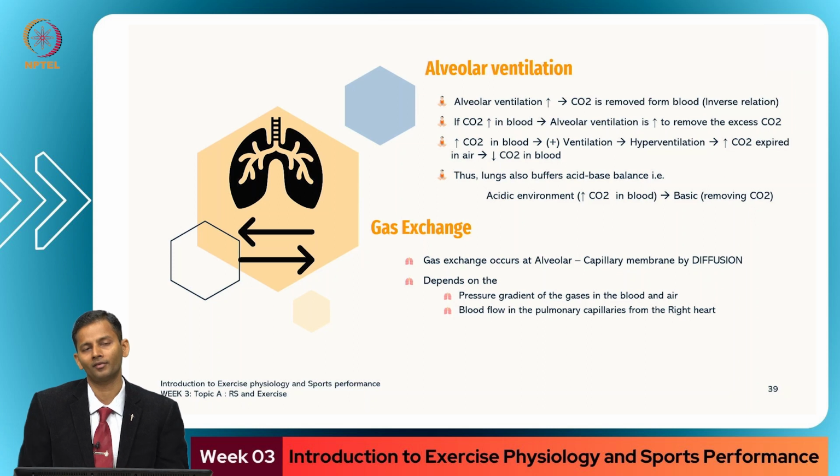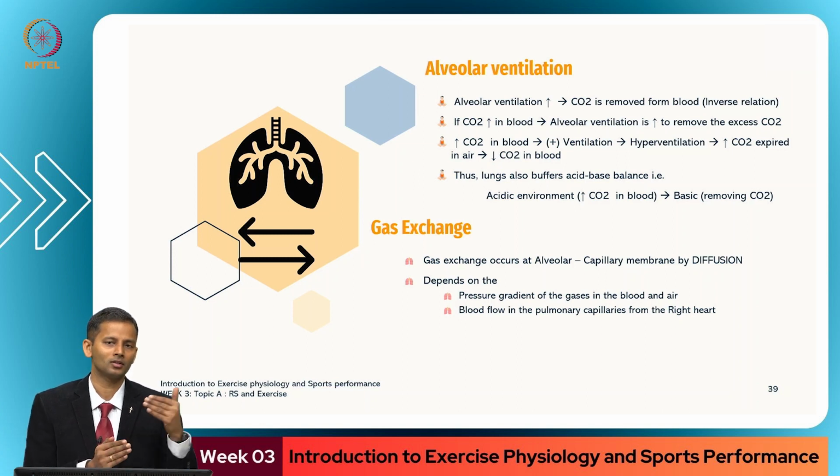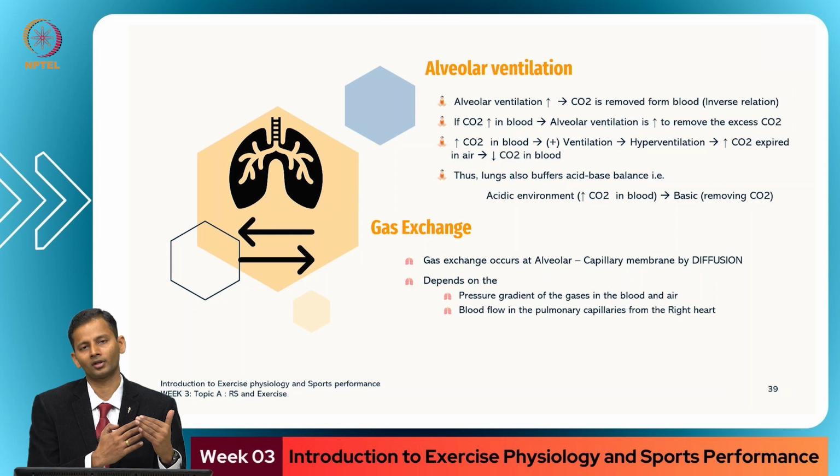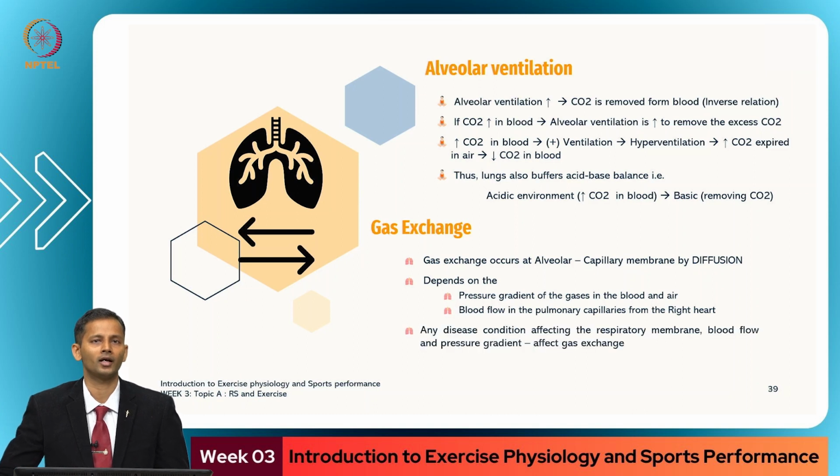The other important factor is the blood flow. The gaseous exchange happens between the air which is inhaled and the pulmonary circulation, right? So if the blood flow is hampered or increased, the diffusion rate also varies. That is an important aspect.